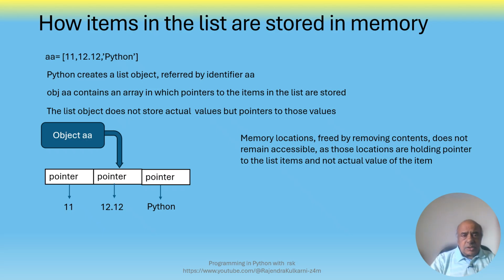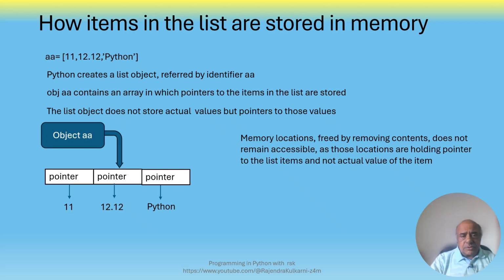So when we saw in the earlier slide, the items of the list were reduced from 8 to 5. So by logic, 3 memory locations, or 3 bytes or more than 3 bytes depending on the value, must have been freed, but we cannot access those values.